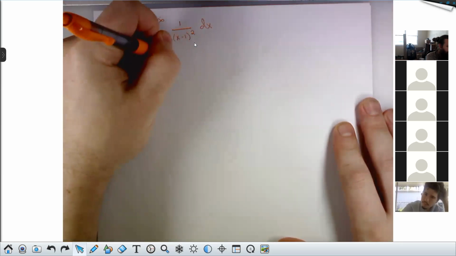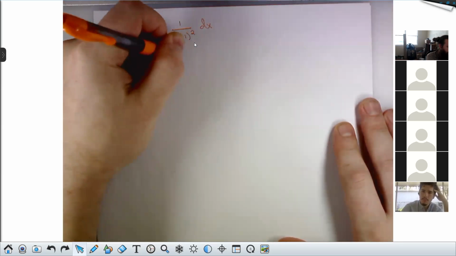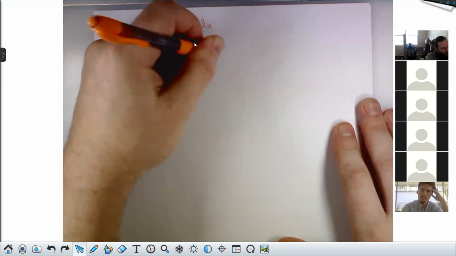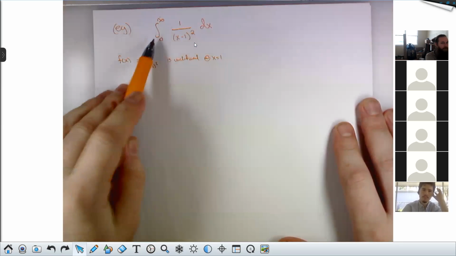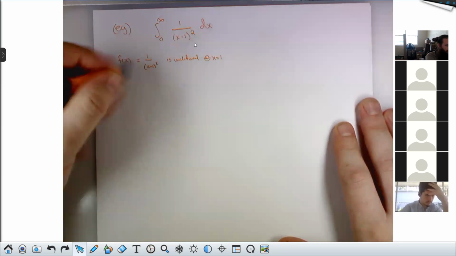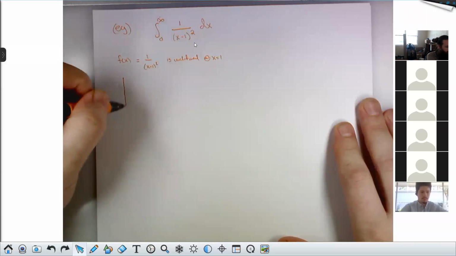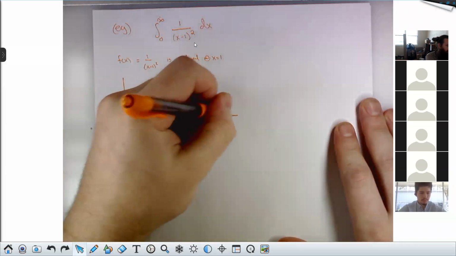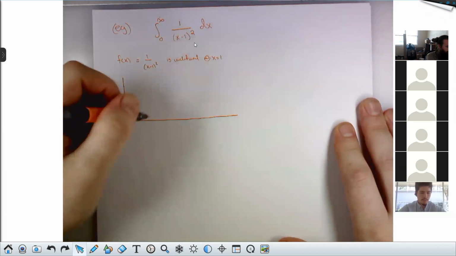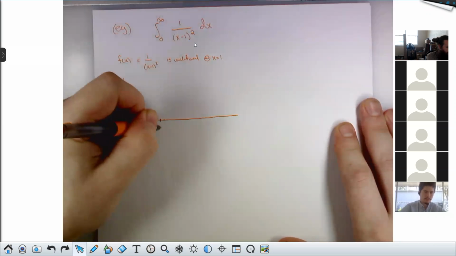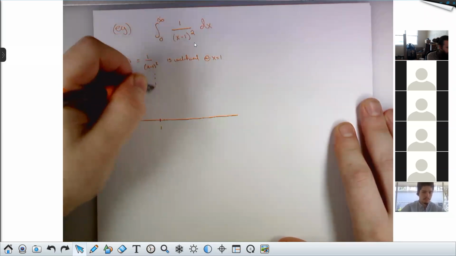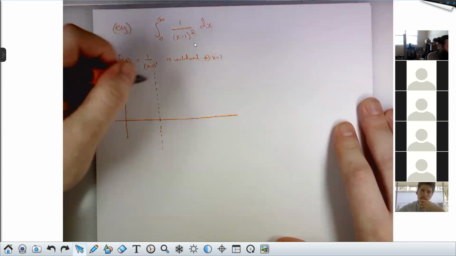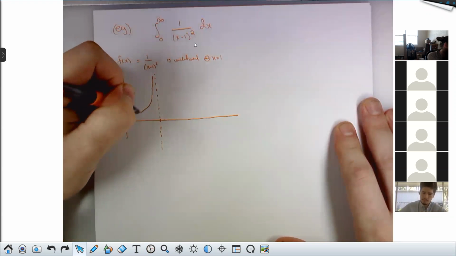This is undefined at x equals 1, right? And 1 is between 0 and infinity. So we're going to run into some type 2 problems here. But it's worse than that. We can cut it into two different intervals, from 0 to 1, and then from 1 to infinity. Yeah, that's what we're going to have to do.